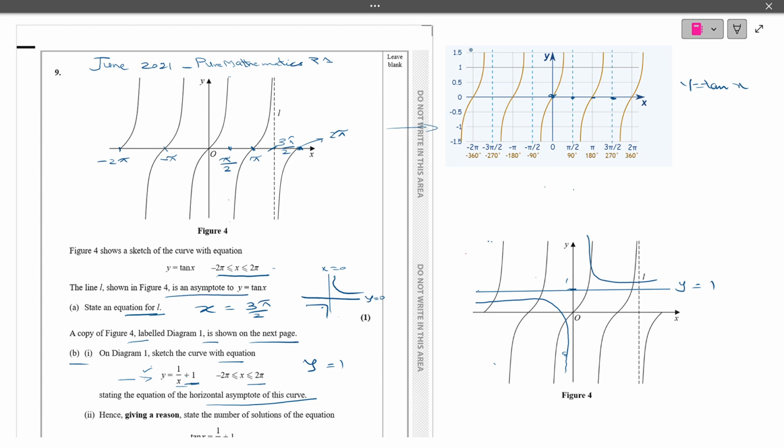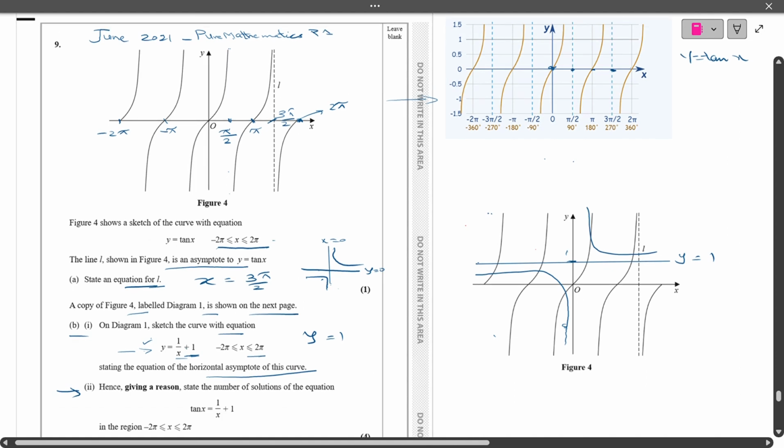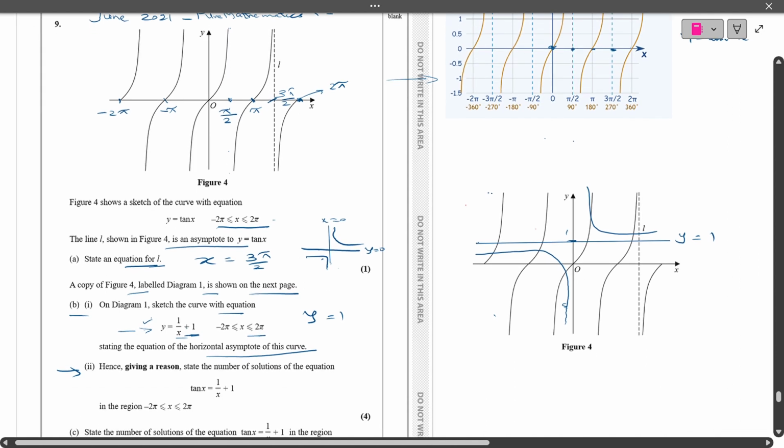Hence, the second part: giving a reason, state the number of solutions of the equation tan x equals 1 over x plus 1 in the region negative 2 pi to 2 pi. Let's label the graph first. This is 2 pi. This is pi.